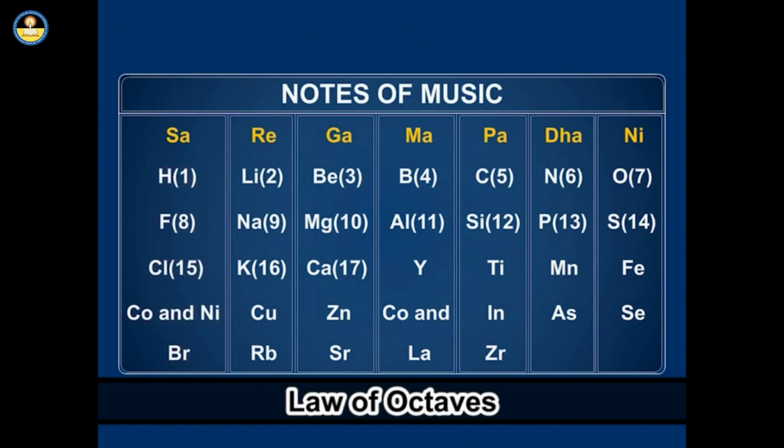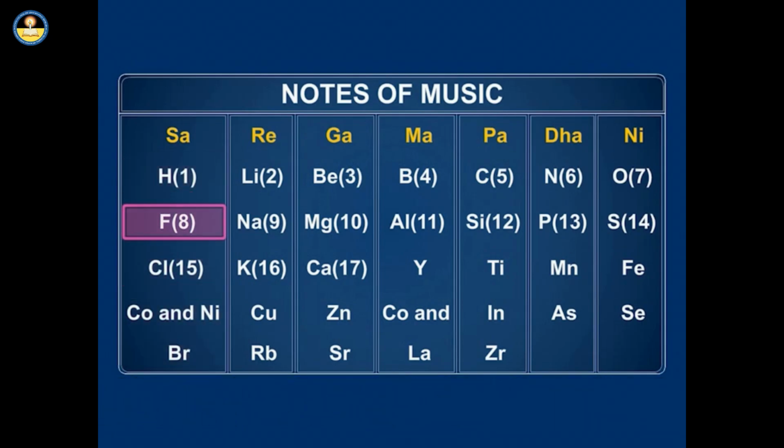This means that fluorine, denoted by F, had properties similar to the first element, hydrogen, denoted by H. Likewise, the 9th element had properties similar to those of the second element.